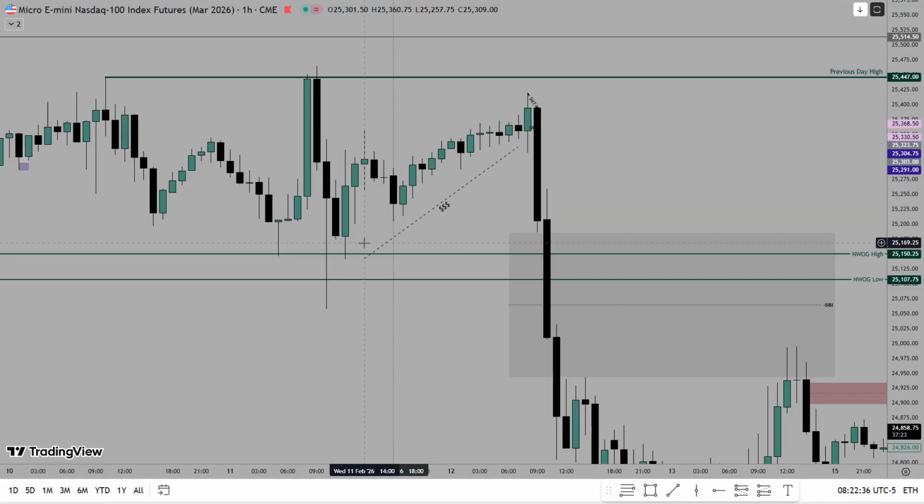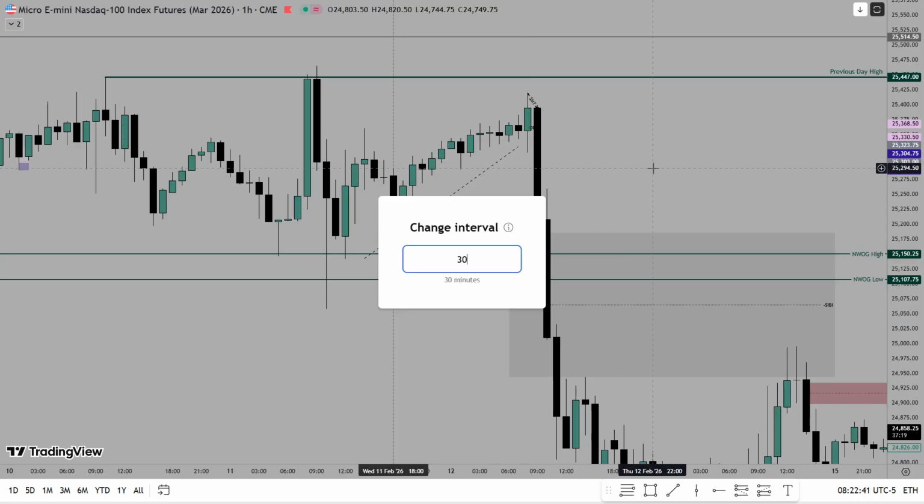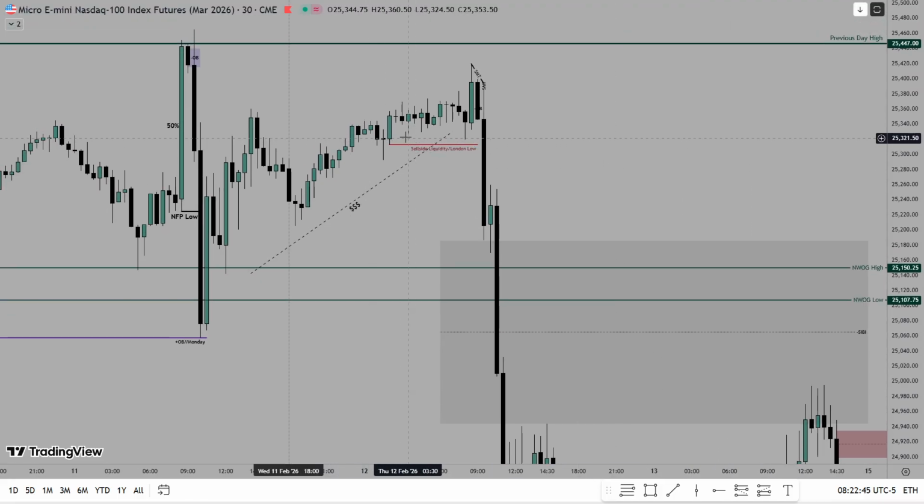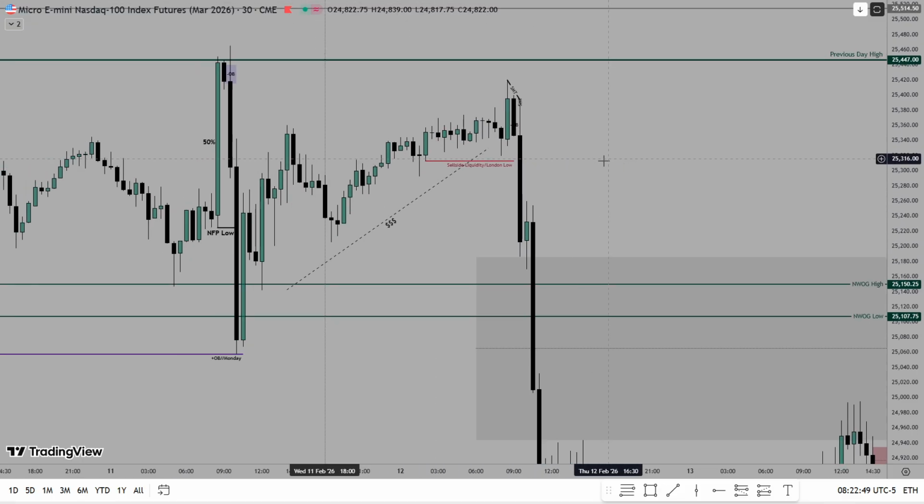This is the liquidity. Boom. Let's see how the price is performing on the lower time frame. This was the London session low. This was the easiest draw for the day, because this is in too close proximity.